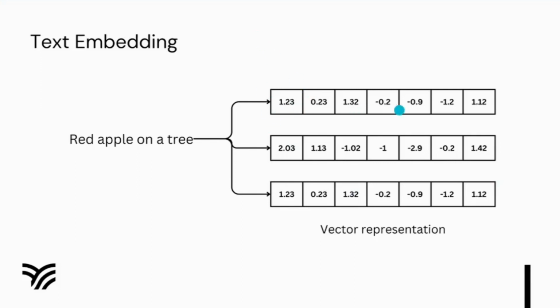These vectors contain the semantic information of the sentence. Later on, when we want to find the similarity between two textual strings, we can use these vectors to find their distance from each other. So text embedding is the conversion of textual data to vector data. There are certain machine learning algorithms developed to do that conversion.